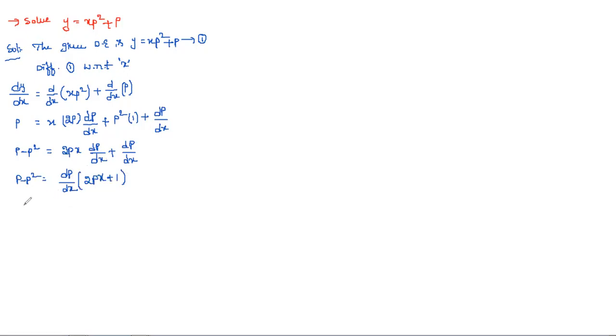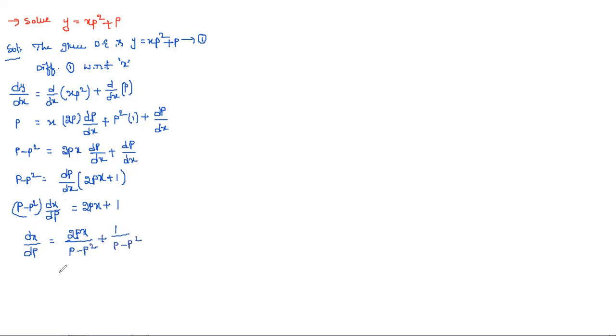Now take this p dp by dx to the left hand side, then it changes to dx by dp. So dx by dp is equal to 2px plus 1, and then take this p minus p square to the right hand side. Then dx by dp is equal to 2px by p minus p square plus 1 by p minus p square.